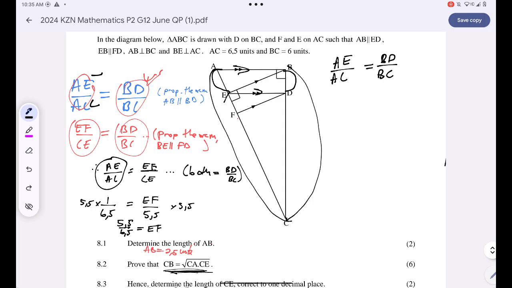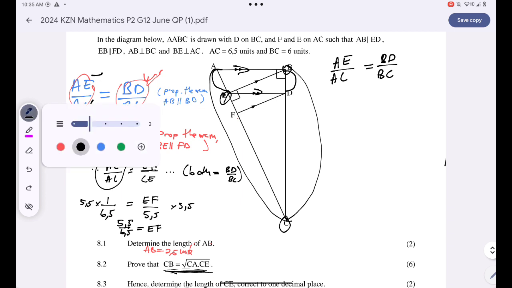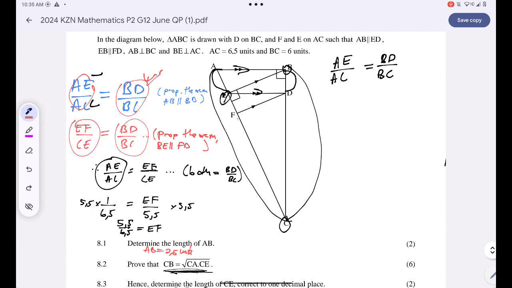Okay, and then I shifted my focus to triangle CEB. Also there, guys, I do have my ratios. EF all over CE will be equal to BD all over BC.